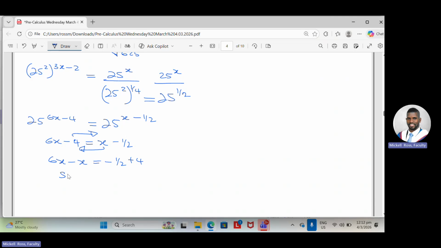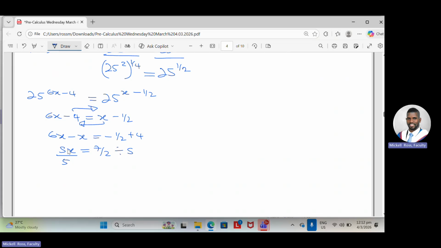So we're going to get 5x is equal to 7 over 2. 7 over 2 is the same thing as 3.5. We're going to divide by 5, divide by 5. So this is going to give us x is equal to 7/10, right? Dividing by 5 is the same thing as multiplying by 1/5. So what do we mean by that?